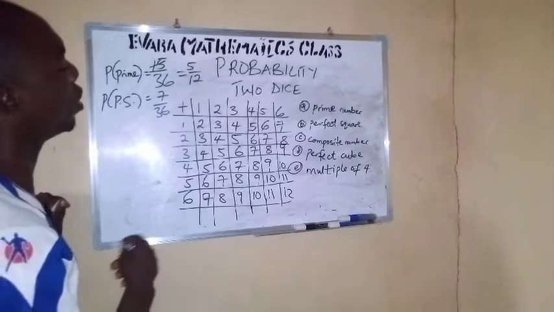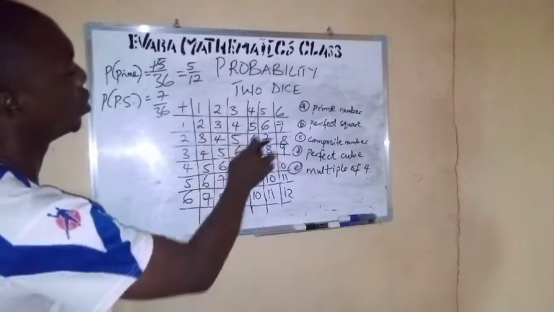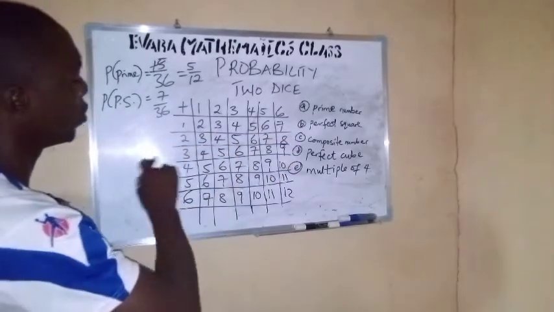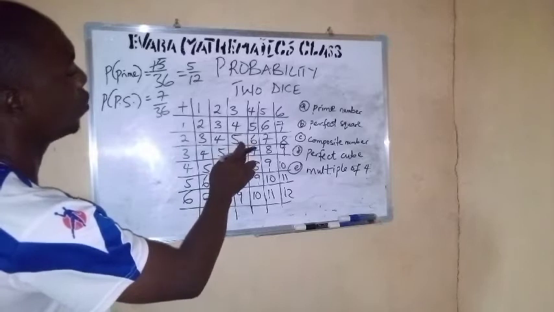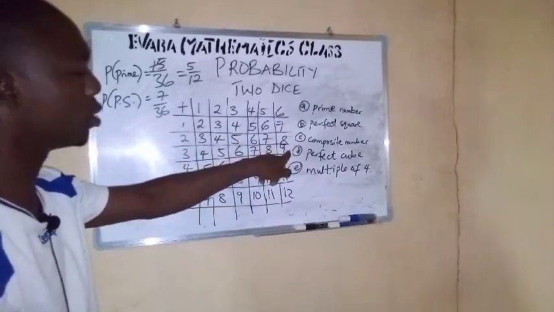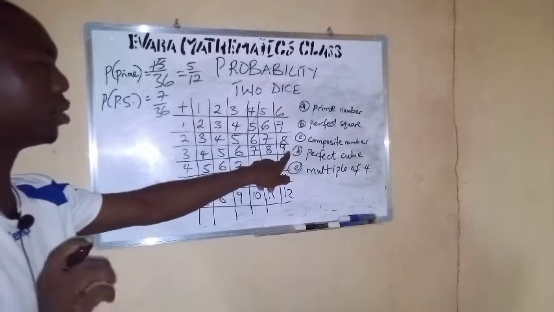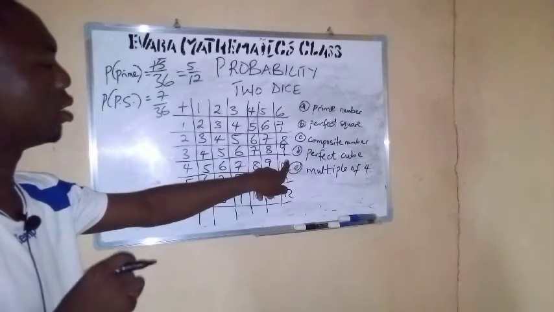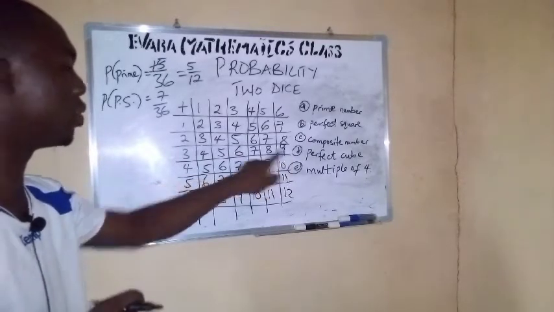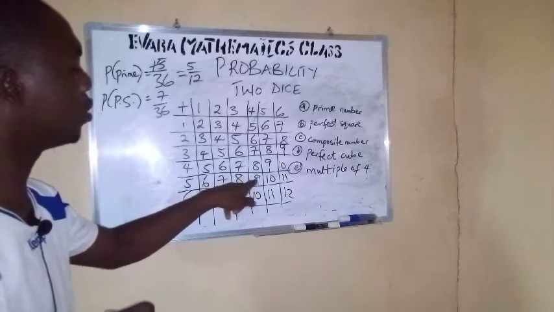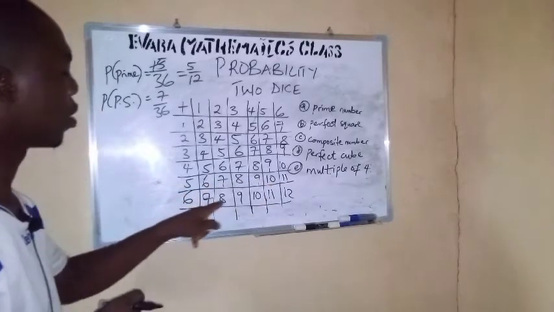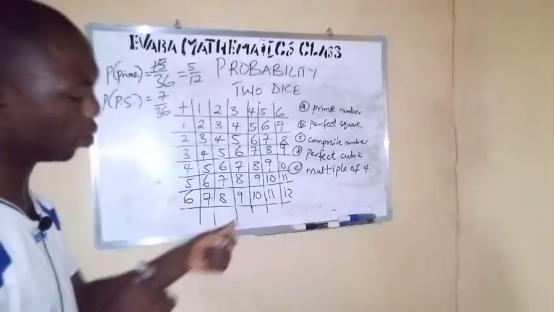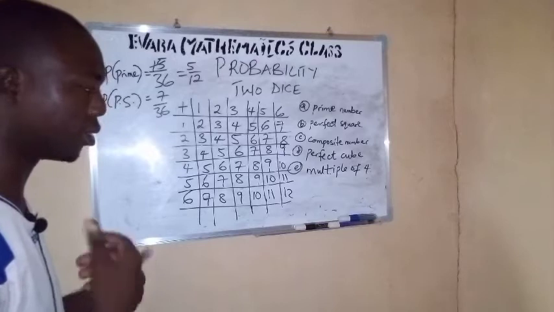The composite numbers here, we have 4, 6, and so on. 9 is 3 times 3. 10 is 2 times 5, so 10 is composite. 12 is also composite because in 12 we can get 2 times 6 and 3 times 4.